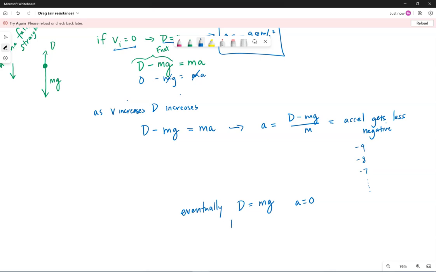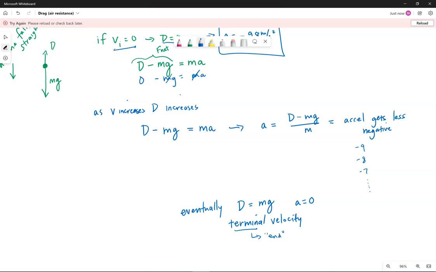This is where the term terminal velocity or terminal speed comes from. Terminal meaning the end.